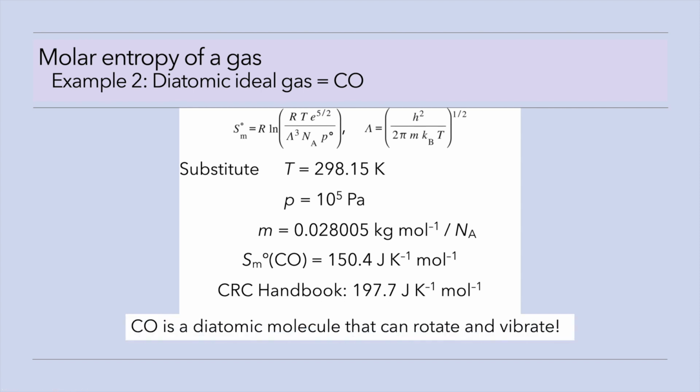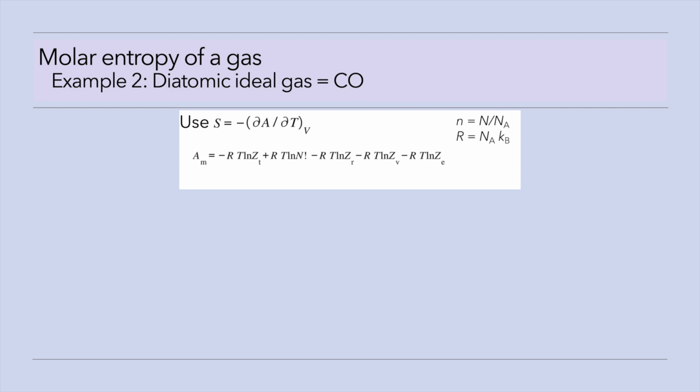Why is that? That's because CO is a diatomic molecule that can rotate and vibrate. And we've got to take those degrees of freedom into account. All right, how can we do that? Let's go back to the definition of entropy in terms of the Helmholtz energy. Namely, if we take minus the partial derivative of Helmholtz energy with respect to temperature at constant volume, we'll get the entropy.